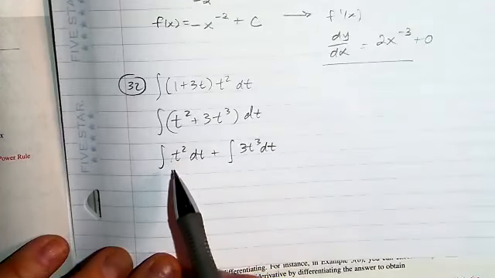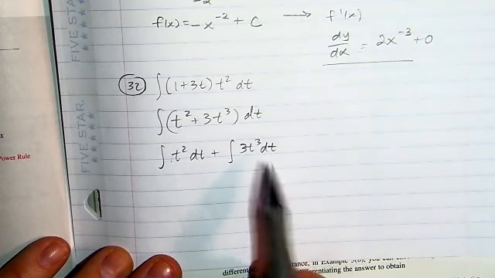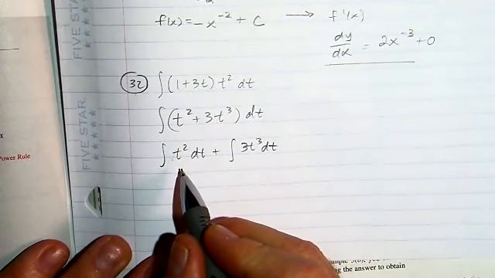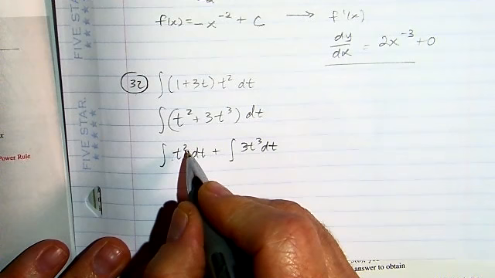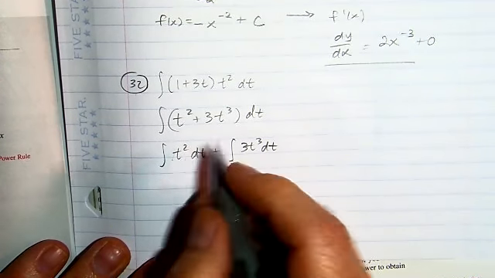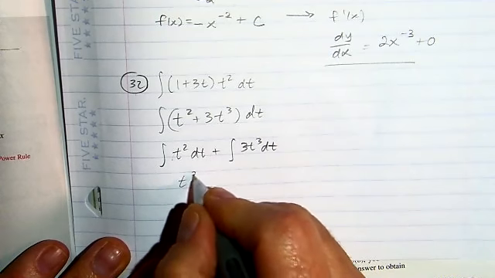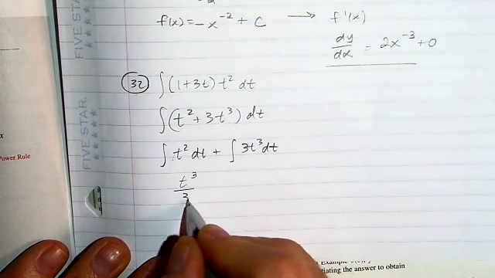And now we just basically have a power of t here and a power of t here. So we're going to use that same rule we just did in number 8. We're going to go backwards. So instead of subtracting 1, as we do with the derivative when we bring the 2 out front, we're going to add. So 2 plus 1 is 3, and we're going to divide by 3.